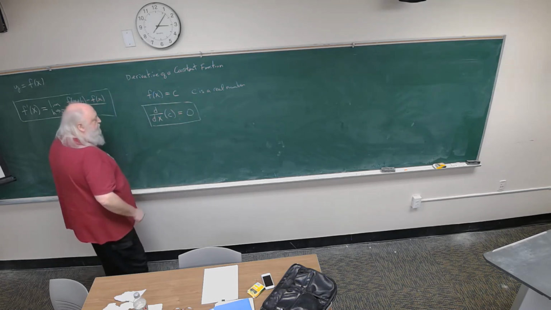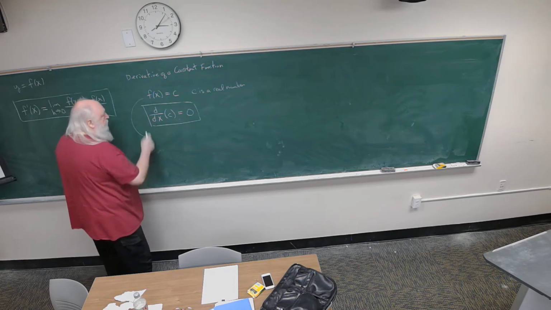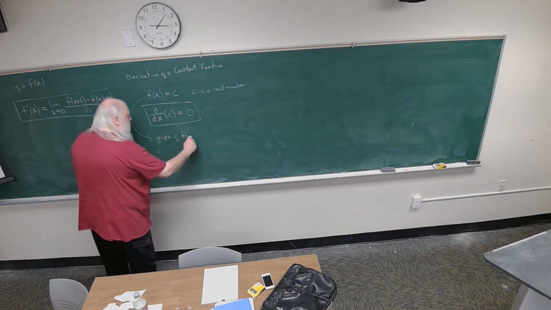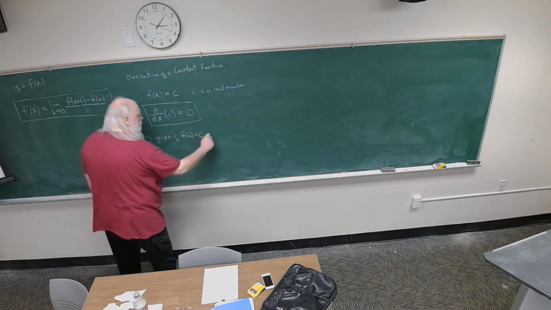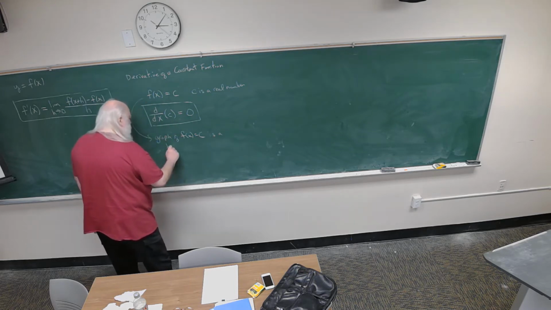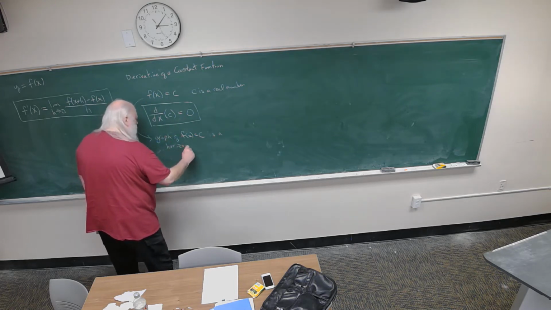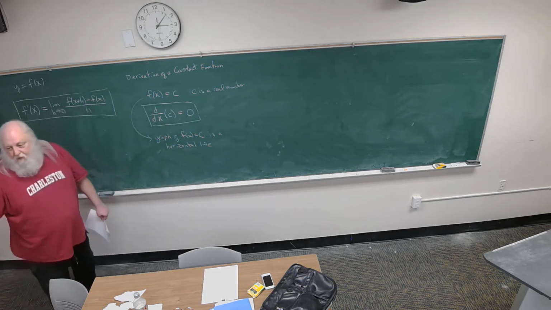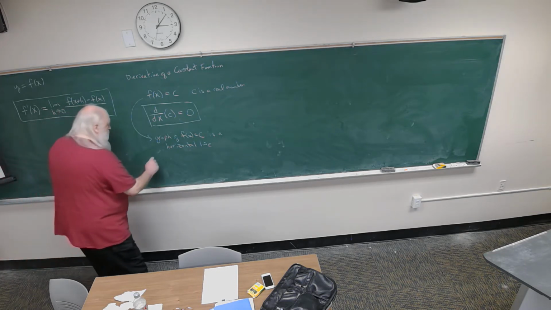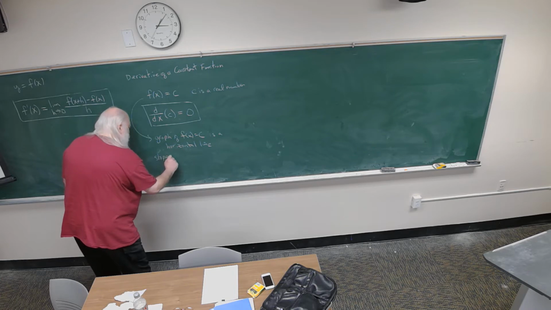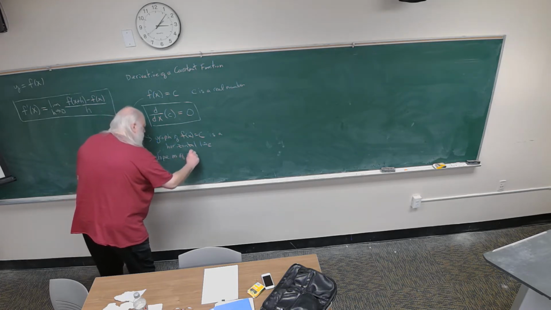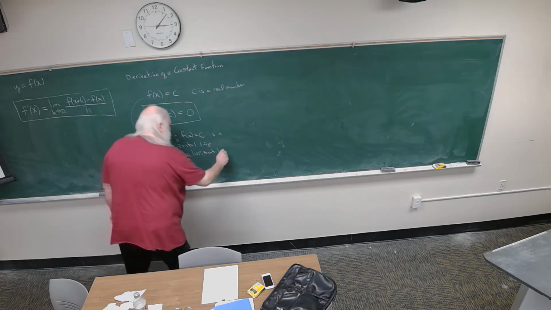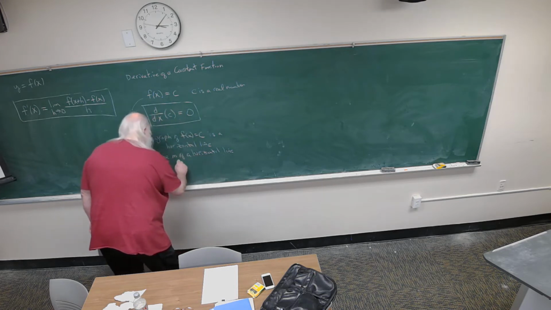And that makes sense because the graph of f of x equal to c is a horizontal line. And what's the slope of a horizontal line? 0. The slope m of a horizontal line is 0.